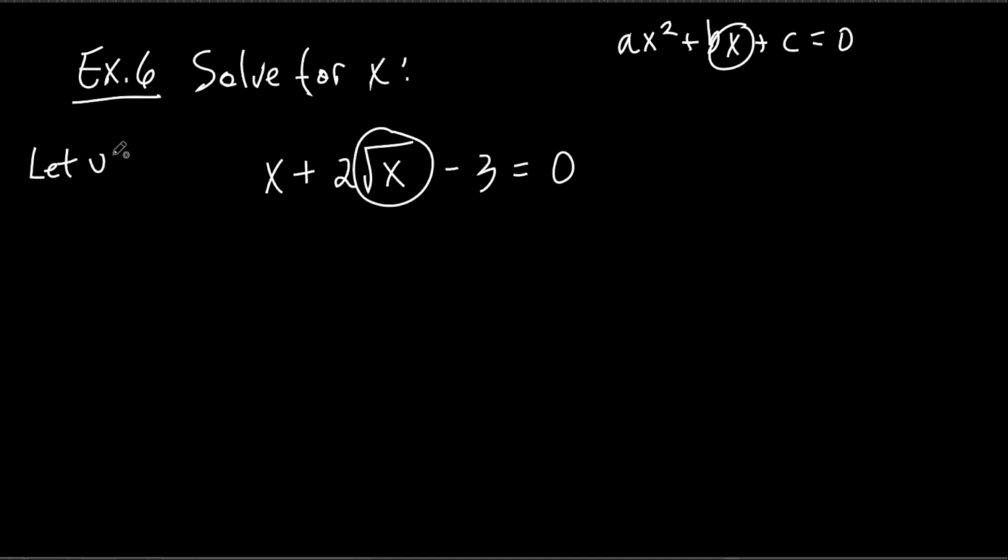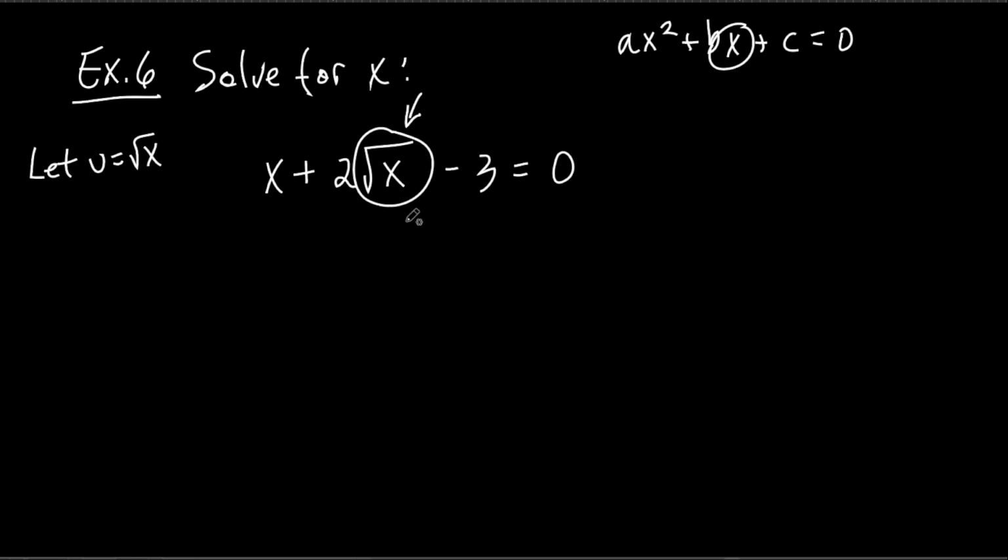So I'm going to let u equal what? That I want that to be the u. So what am I going to let u equal to? Square root of x. Exactly right. Everybody see that? Yeah. Okay. So here's another thing. That kind of doesn't help me too much with this part right here.